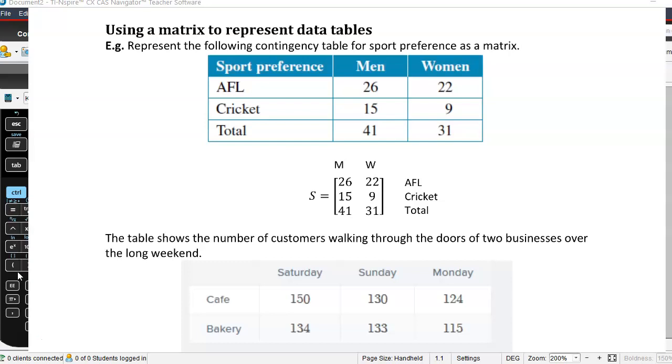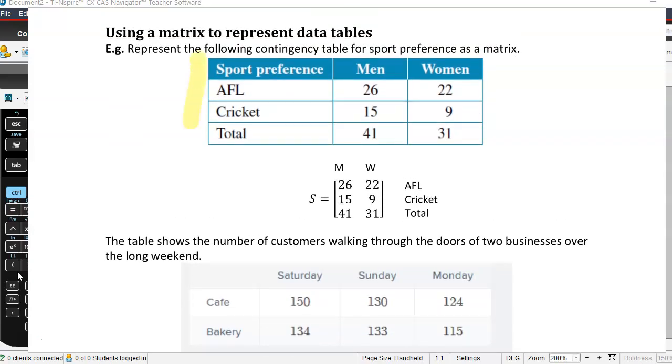So represent the following contingency table for sports preference as a matrix. So you can see here I've got just your normal table with your sports, AFL, cricket, so very Australian based, and gender.